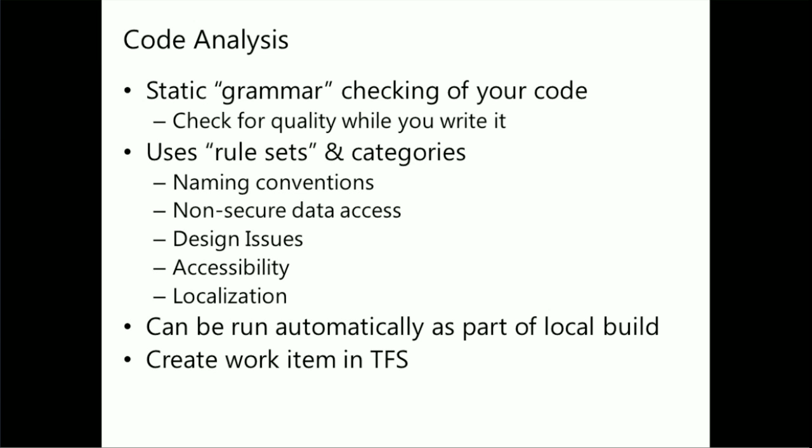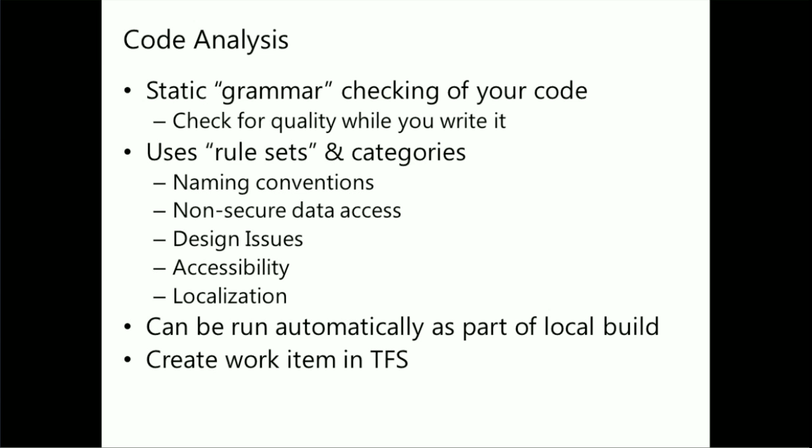So the first thing we're going to talk about today is code analysis. Now, if you haven't used any sort of code analysis tools before, it's probably similar to what you may have heard of called StyleCop, FxCop, something like that. Really, it's sort of grammar checking for your code. It's checking at static or design time, so it's not attaching to a running process or anything like that.